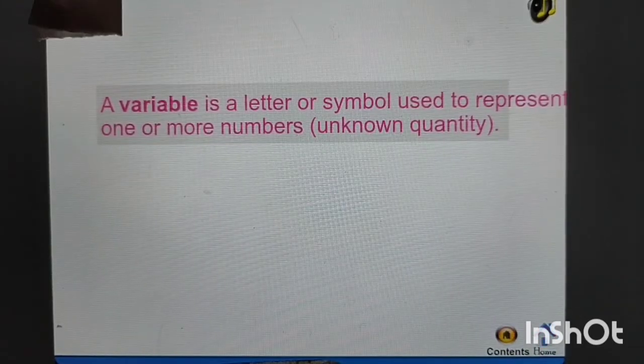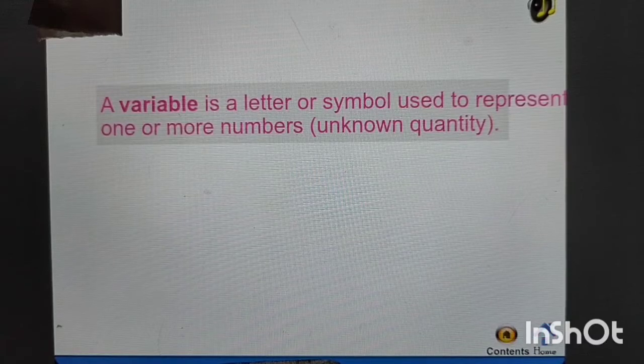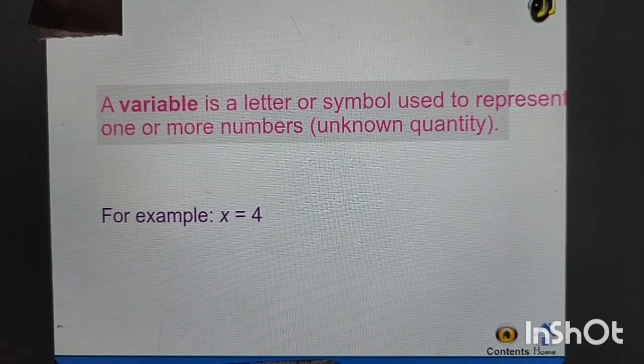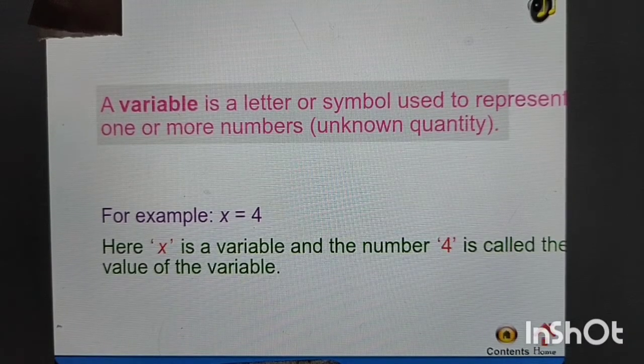A variable is a letter or symbol used to represent one or more numbers. For example, x is equal to 4. Here, x is a variable and the number 4 is called the value of the variable.